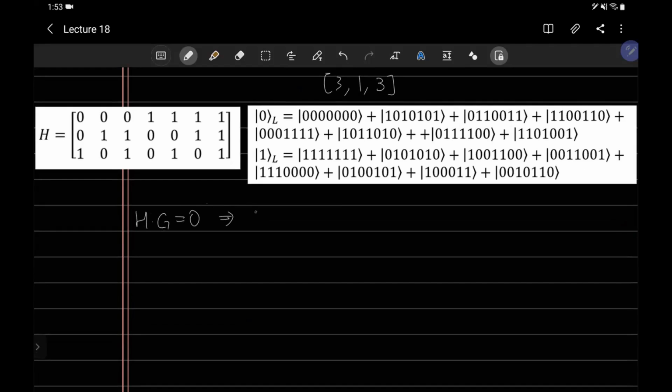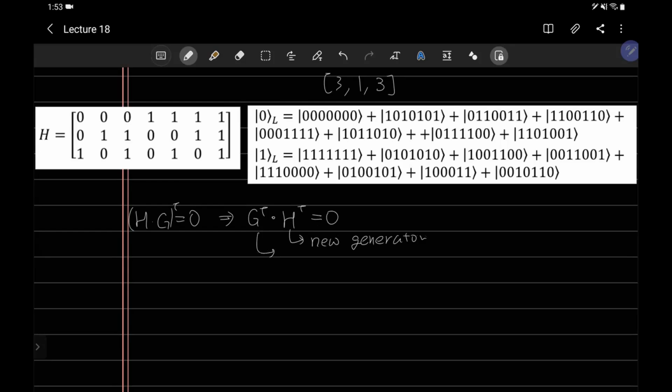If I take the transpose, it becomes G transpose multiplied by H transpose, which still equals 0, which means that this can be used as a new generator of the code word.